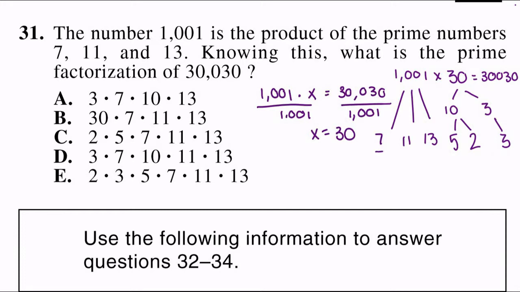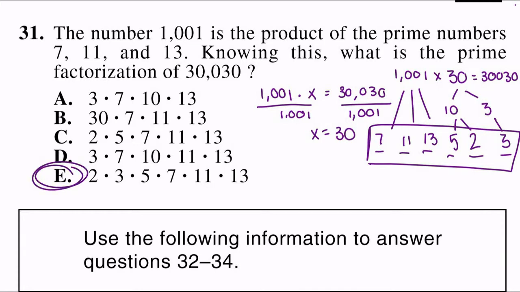So all of these numbers, 7, 11, 13, 5, 2, and 3, there is nothing that we can divide by to make it smaller, any whole numbers. So these are our prime factors of 30,030. So our answer choice is E. Our answer to number 31 is E.